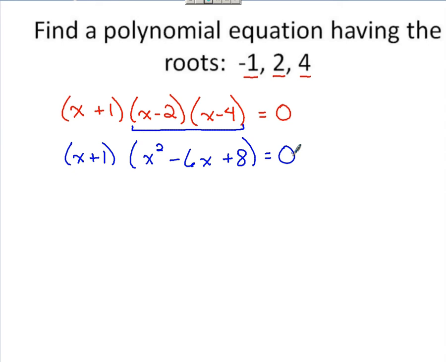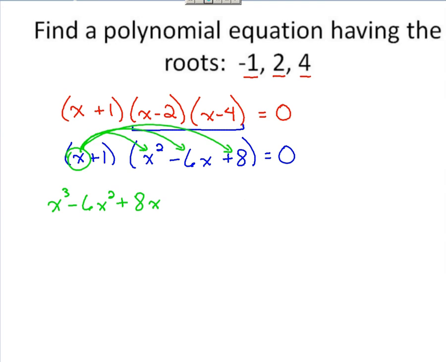Now I'm going to take that x plus 1, that binomial expression, and multiply it through the x squared minus 6x plus 8. To do that, I'm going to start with this x right here and distribute that through. As I distribute that x through, I get x cubed minus 6x squared plus 8x.